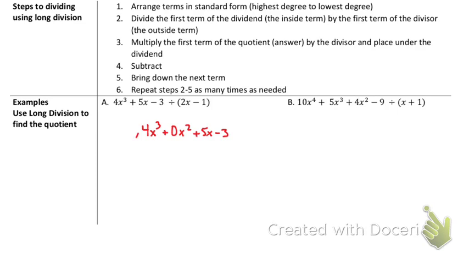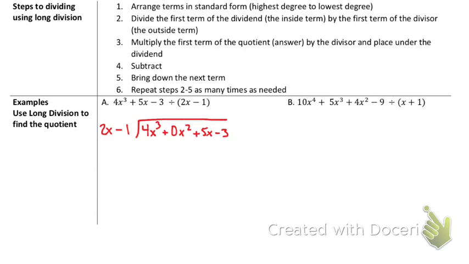And this is going to be my inside guy. Just like in the example from the previous slide, this is my inside guy. Okay? Now we're going to do the same for my divisor, the guy that goes on the outside. We want to make sure that he is also in standard form and he is not skipping any variables. So we have a power of 1 here for the x and then a constant. So there's nothing to include as a placeholder like we did here. So this is going to be 2x minus 1.